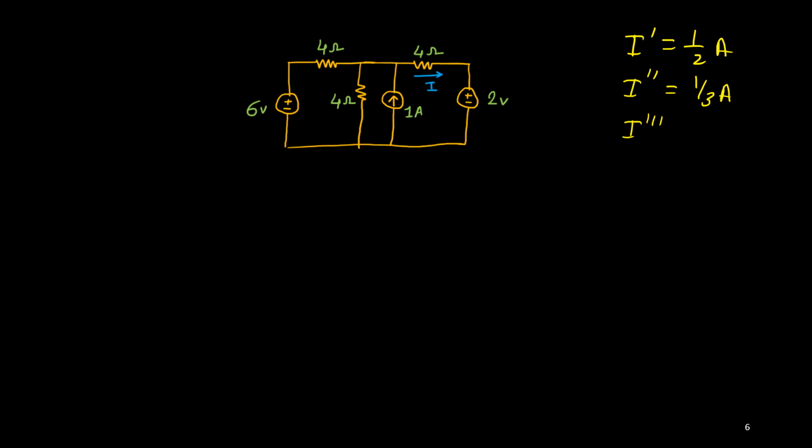So what we will do, we will redraw the circuit. So consider 2 volt source is acting alone. That time 6 volt source is shorted. This 1 ampere current source is open circuit. Okay, fine. So this 2 volt source is acting alone.